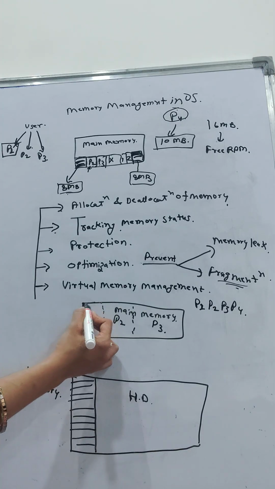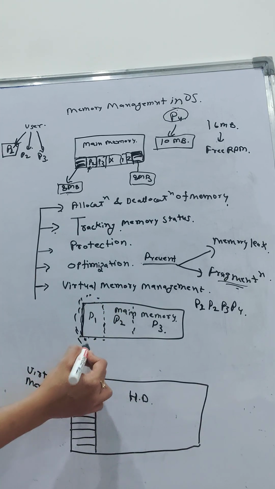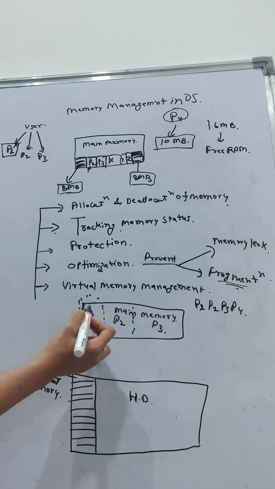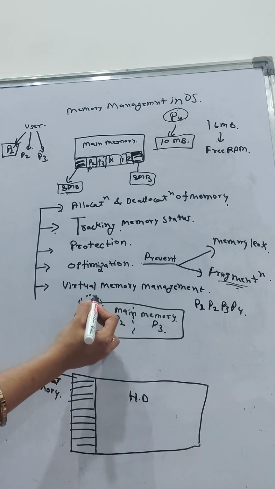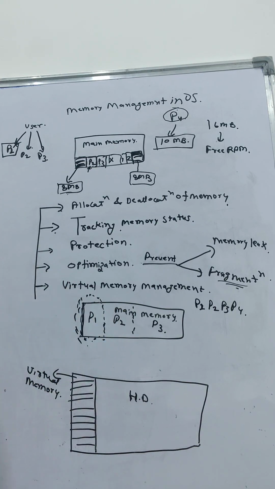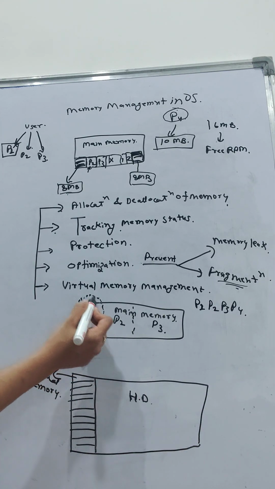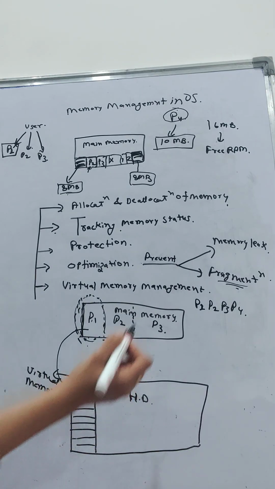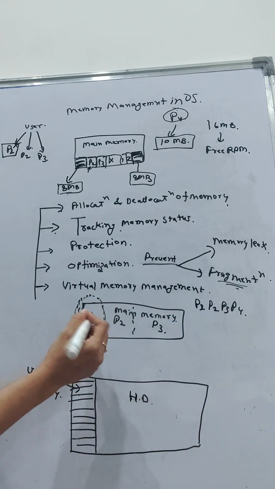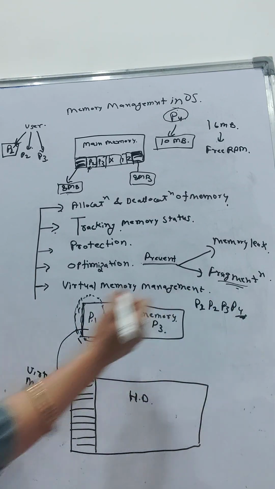Suppose this process P1 is a less used process, but the user has not closed this process, so we cannot remove it from the main memory. But it is not being used very continuously by the user. So the operating system will move this process P1 into this virtual memory, and this area will become free for the new process P4.